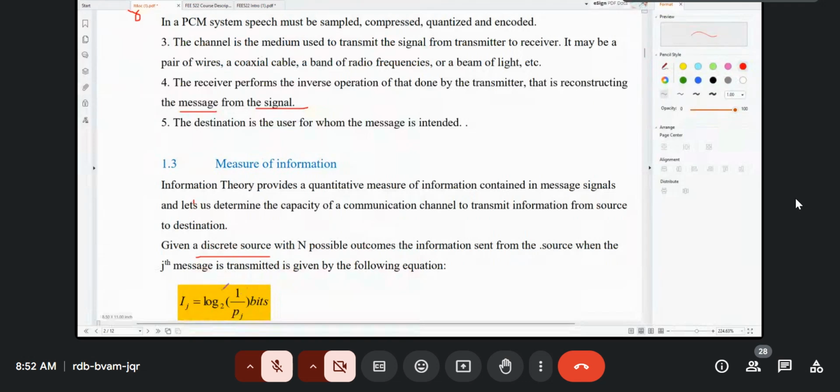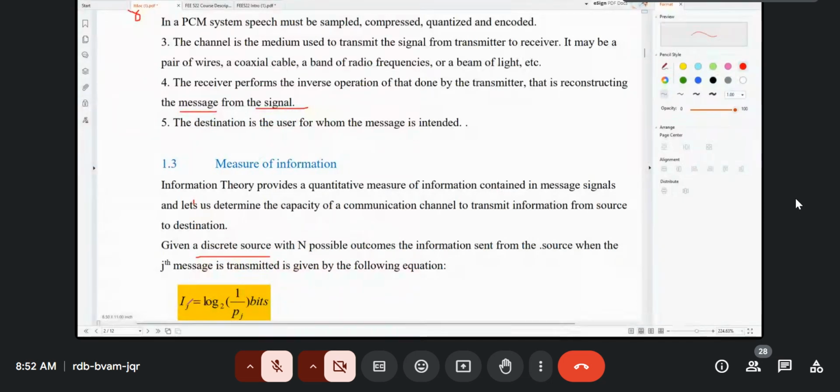The information associated with the jth message is given by this equation. When you transmit the jth message, it's given by this equation.